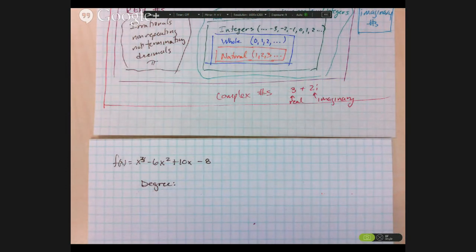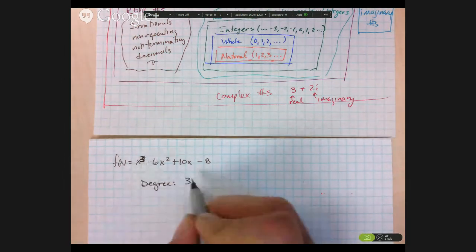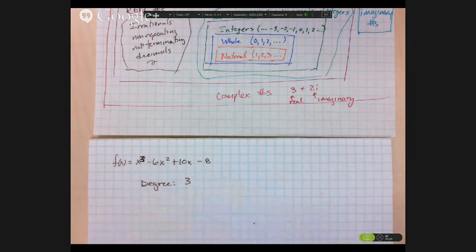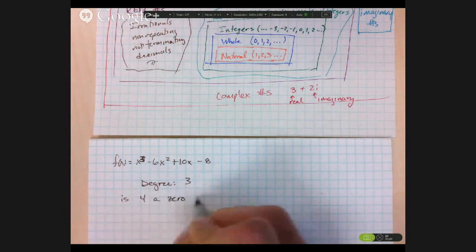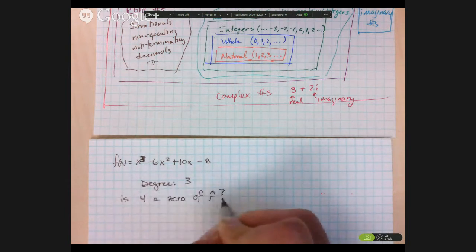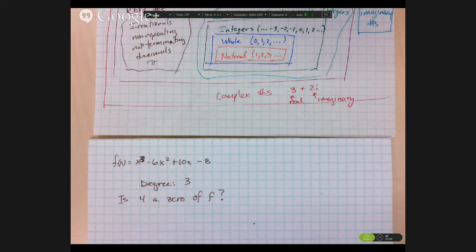What's the degree of that polynomial? It's a 3. It's the highest exponent, right? And here's a question you're going to run into. Is 4 a 0 of f of x?